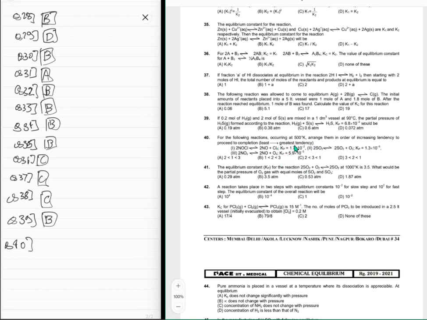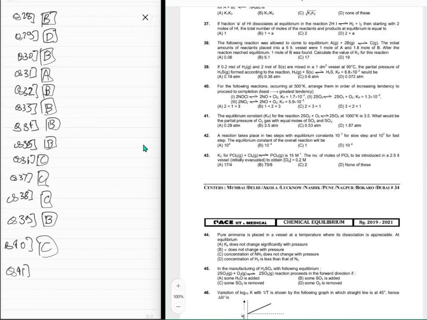Yeah, the first reaction. And then the second reaction, and then the third reaction. No, wait, actually first, then third, because 5.9 is bigger than 1.3. So first, third, and then second. So 1, then 3, then 2, C. 40C.